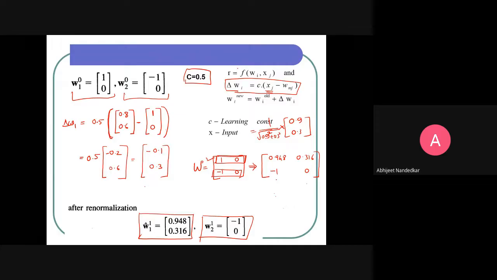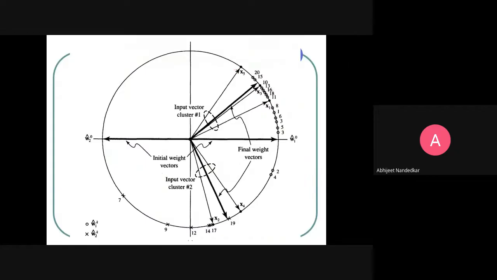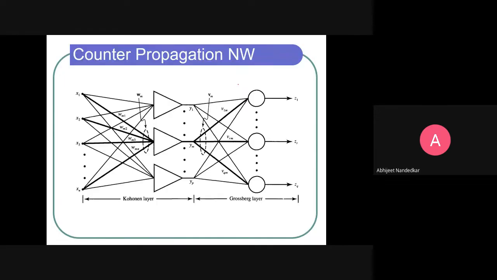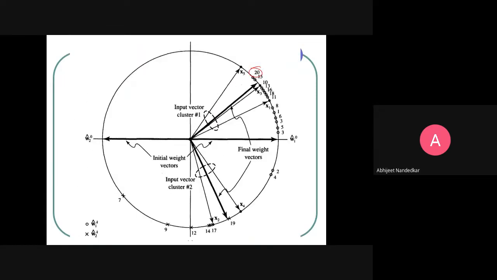If I do this one by one for all the training samples and iterate over a period of time, then after around 20 odd iterations you will see that the weights are getting stabilized to 2 locations.